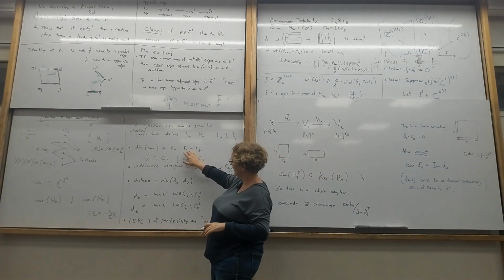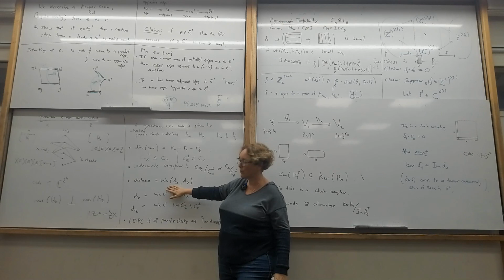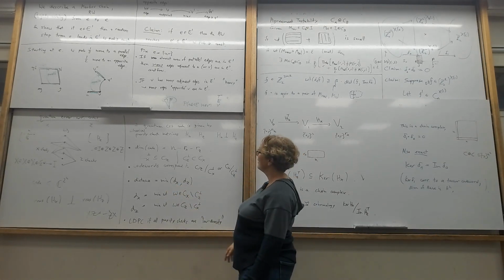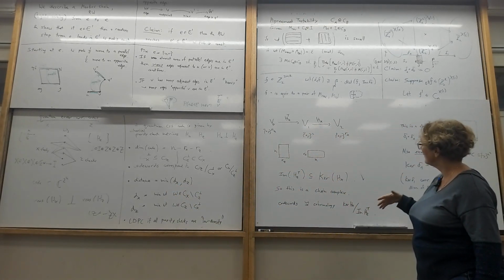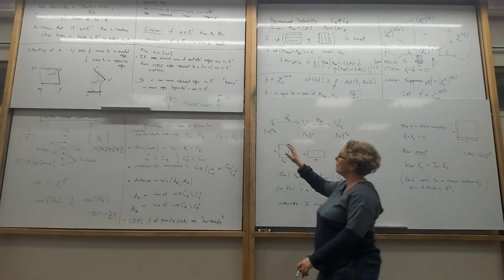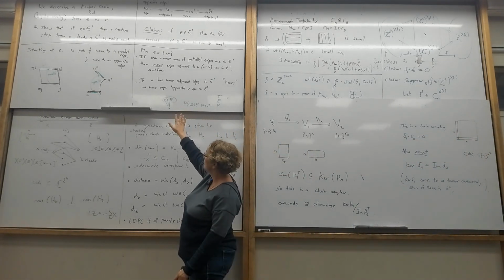I'm not going to do the calculation, but I do want to say a couple of words about distance, because it turns out that the proof of distance is very similar to the proof that we did here for local testability.